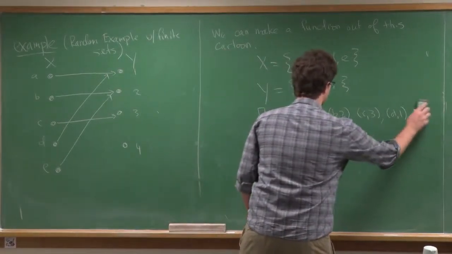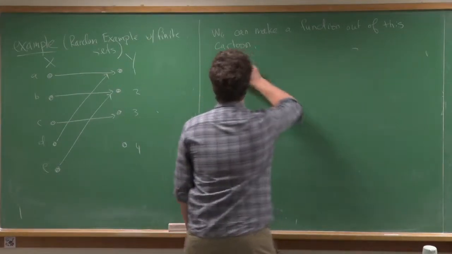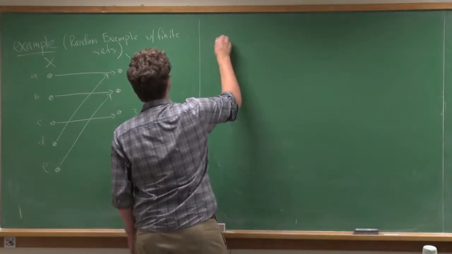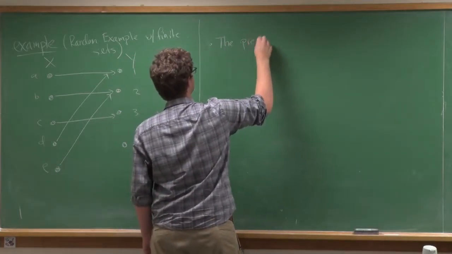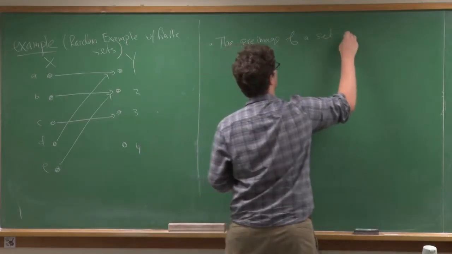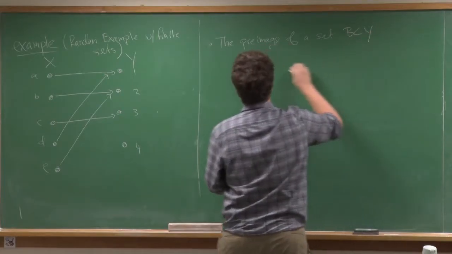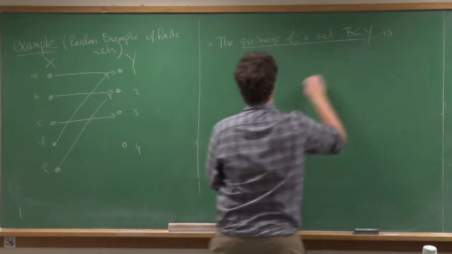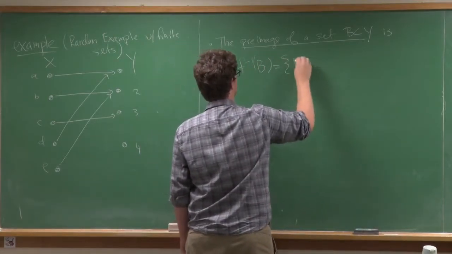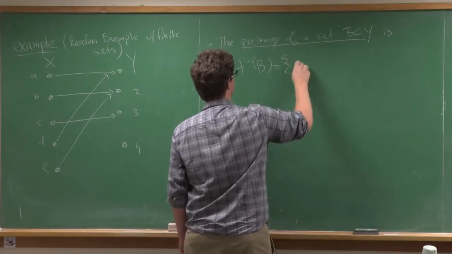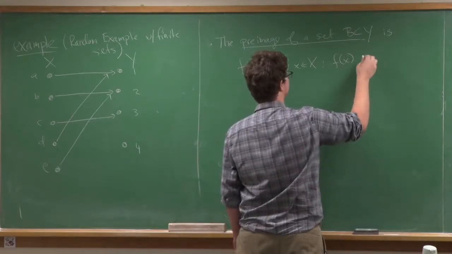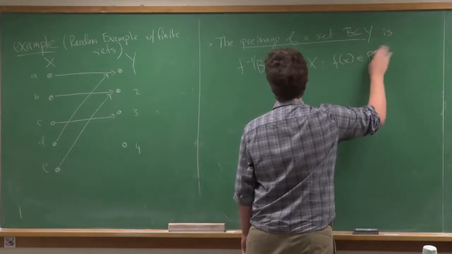So in addition to talking about images, we may talk about preimages. So the preimage of a set B, a subset of Y, is this set, f inverse of B. So it's the set of x in X such that f of x is an element of B. Okay?